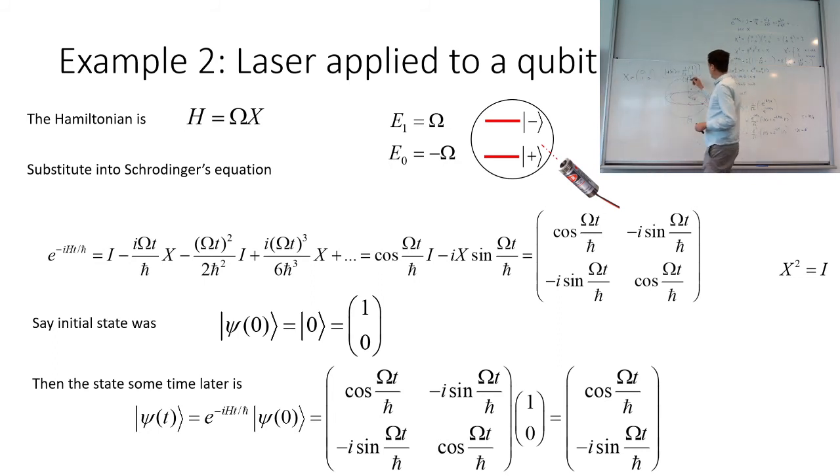Okay, so this time my initial state is here. So if omega t over h bar, let's call that x this time, then our general state after some time is going to be cosine x minus I sine x. In this case, can you see where it's going to move on the Bloch sphere?